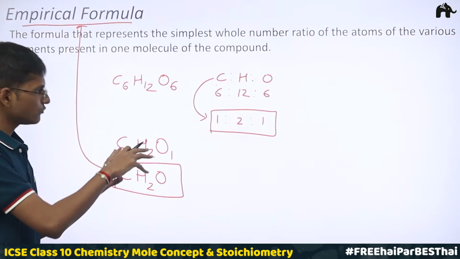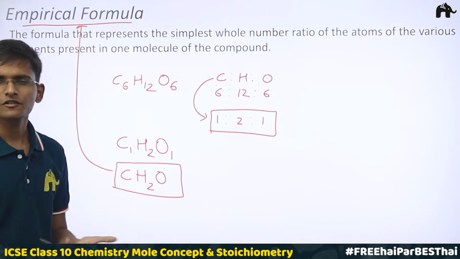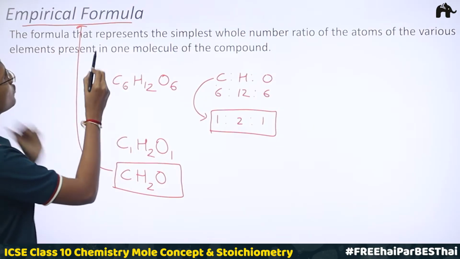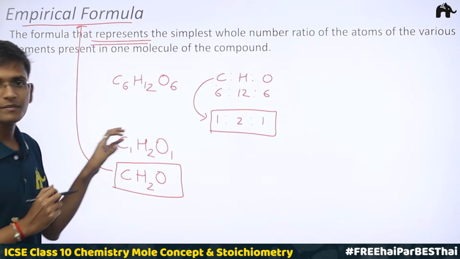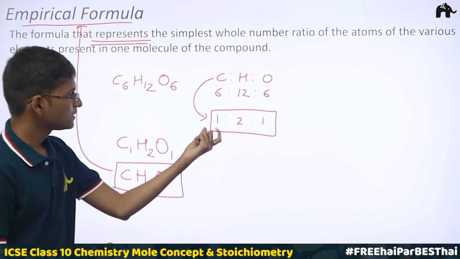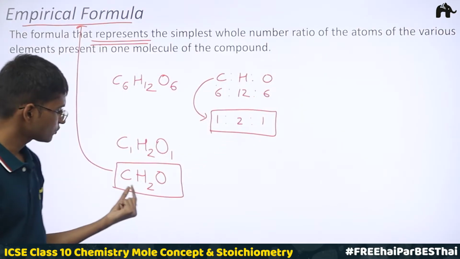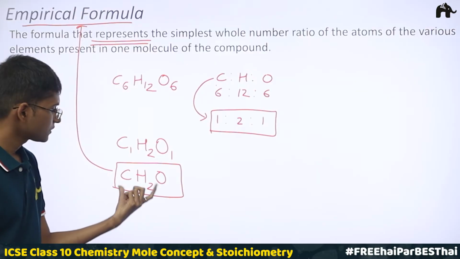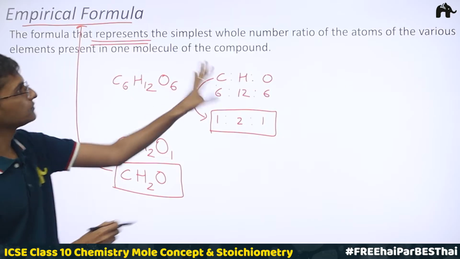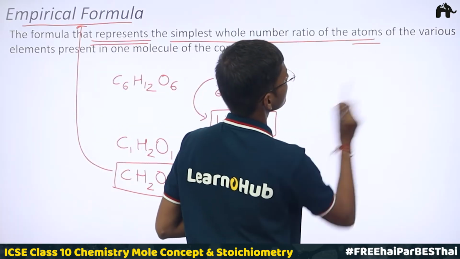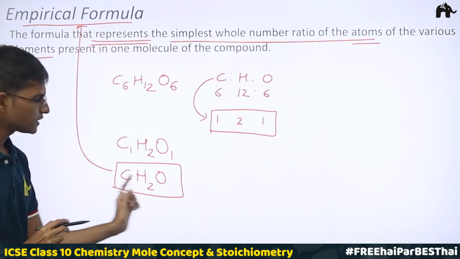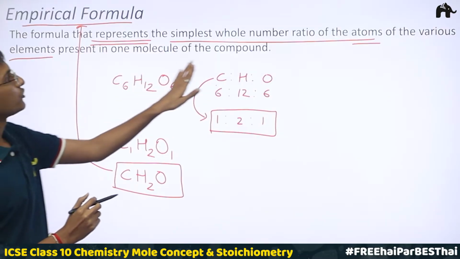Now whatever we have done is the same as the definition, so it's very easy for you to remember the definition as well. Empirical formula is the formula that represents the simplest whole number ratio, 1 is to 2 is to 1, of atoms of the various elements, the different elements present in one molecule of the compound.